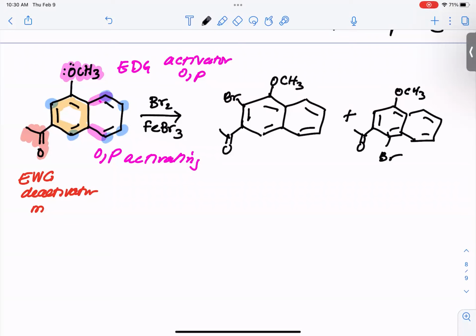And that, okay? So you're going to have to take into account, right, these directing effects and activating effects, particularly if you have more than one substituent already on your ring.